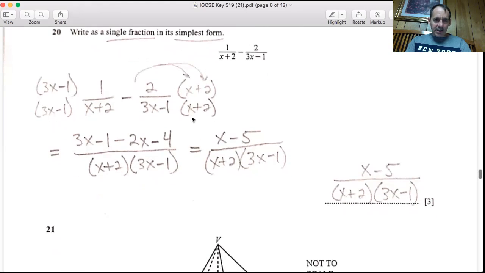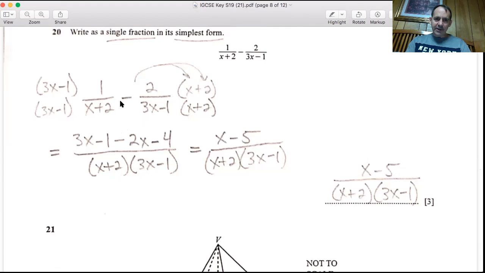And notice our common denominator now is both the x plus 2 times the 3x minus 1. You don't have to multiply them out. Just leave them as separate factors. But now you see that both denominators have both factors in it. So on the top, don't forget this negative distributes with the 2. Negative 2 times x is negative 2x. Negative 2 times 2 is negative 4.